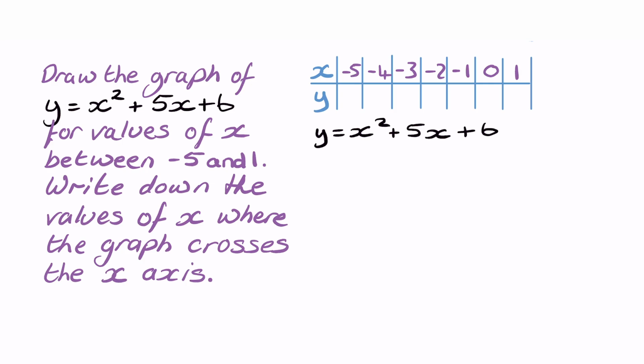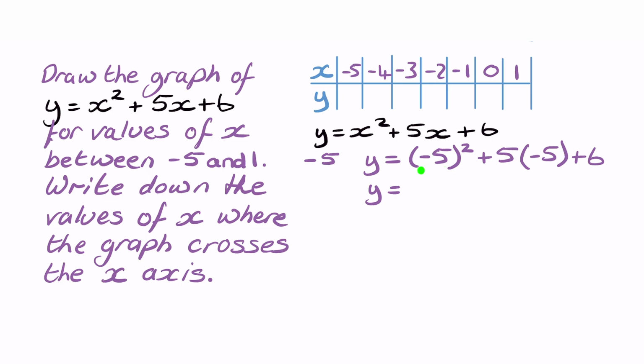So firstly, we would do -5. There is an x there, so we put -5 there in brackets, put the squared on the outside, +5, bracket again, -5, close the bracket, +6. Then we calculate that. The first one, -5 squared, is -5 multiplied by -5, which gives a positive value of 25. The next one, we have +5 multiplied by -5.